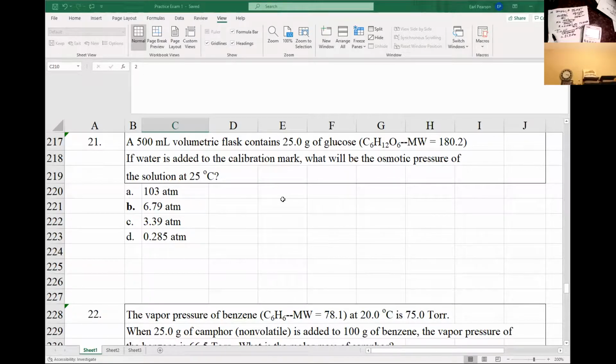Maybe that's the mistake I made a while ago. 25 divided by 180.2 and divided by 500 times 10 to the minus 3 is 0.277. And then I multiply that times the left parenthesis 25 plus 273.15, right parenthesis, equals. I'm still getting 82.17.